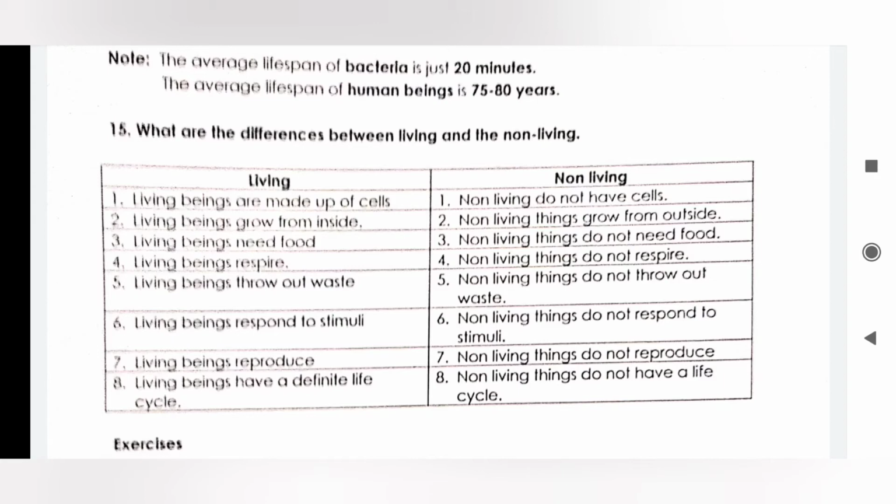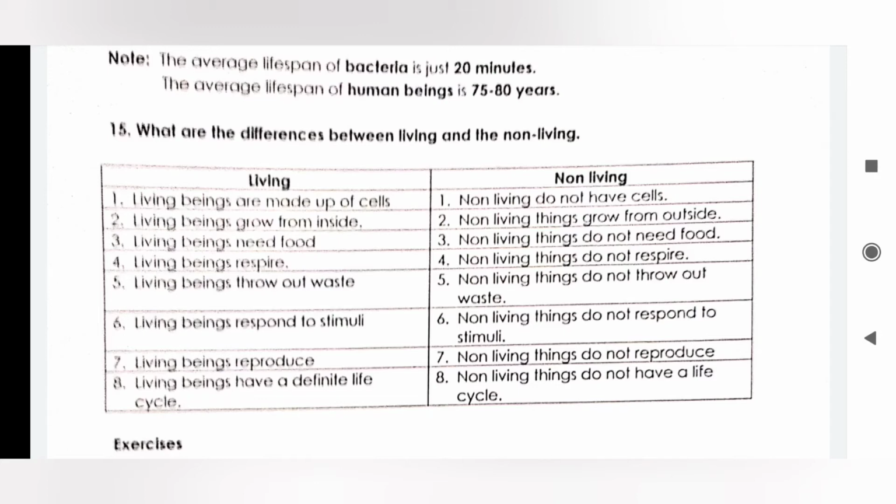The next point is living beings have a definite life cycle. That means, let us take the example of a human being. A small baby is born and it grows into a child, then it attains adolescent stage, then it becomes an adult, then it grows old and finally it dies.